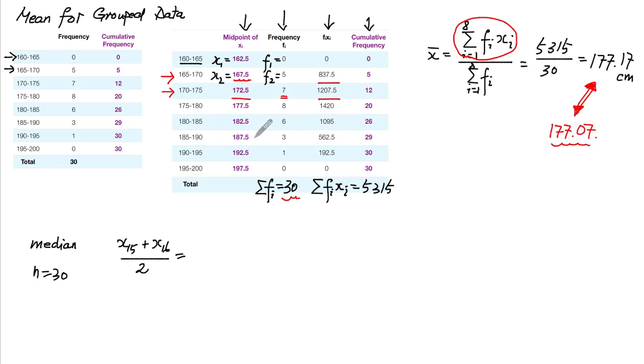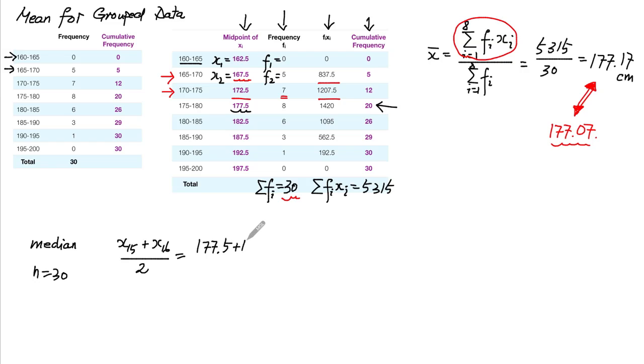But just like we had done for this grouped mean, okay, what we can do is we can estimate what the height of the 15th tallest and the 16th tallest person is. Okay. The 15th and 16th tallest person falls in this bucket here. Okay. So we assume that their heights are 177.5 and 177.5.